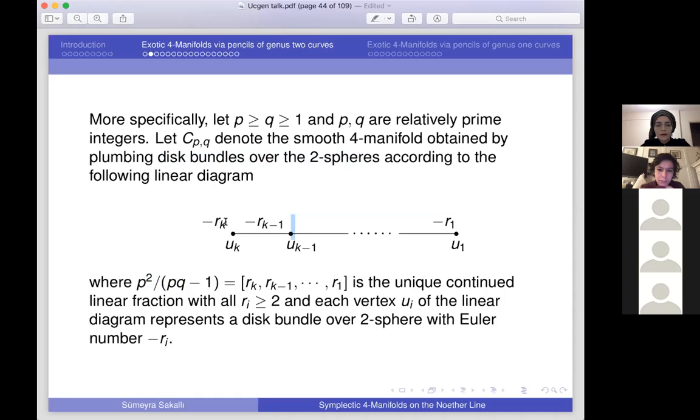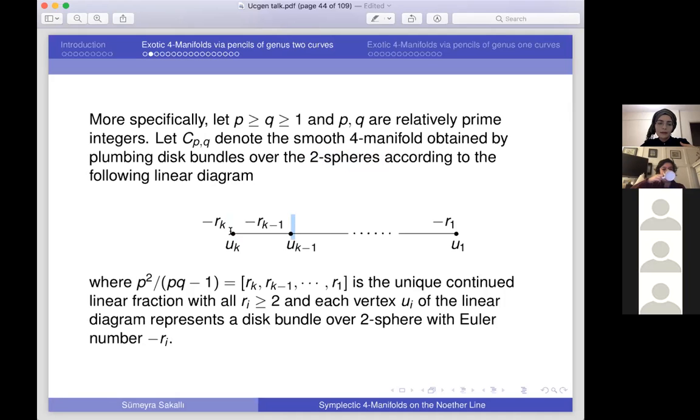And these numbers, negative r_k and so on, are the Euler numbers of those bundles. And this is how we obtain C_{p,q}. Or if you like, you can just consider the bases of your bundles. Just consider 2 spheres. So let's say that this dot is a 2-sphere, and this is another one.